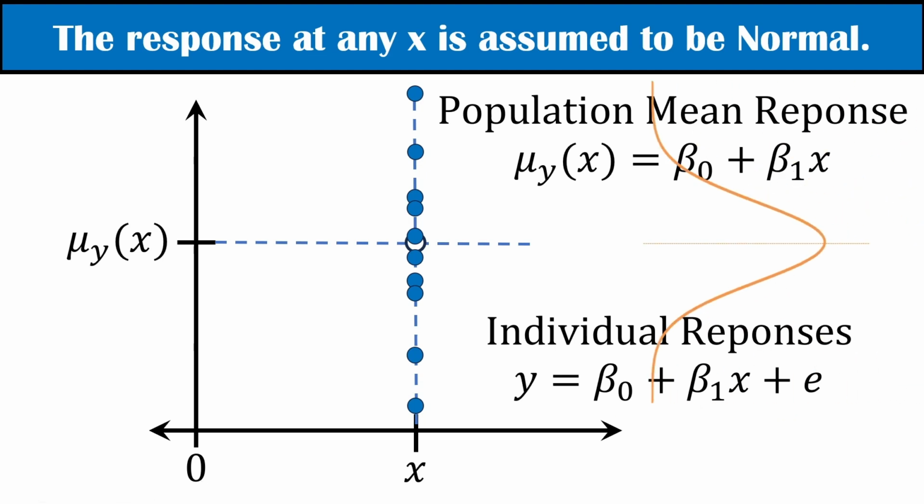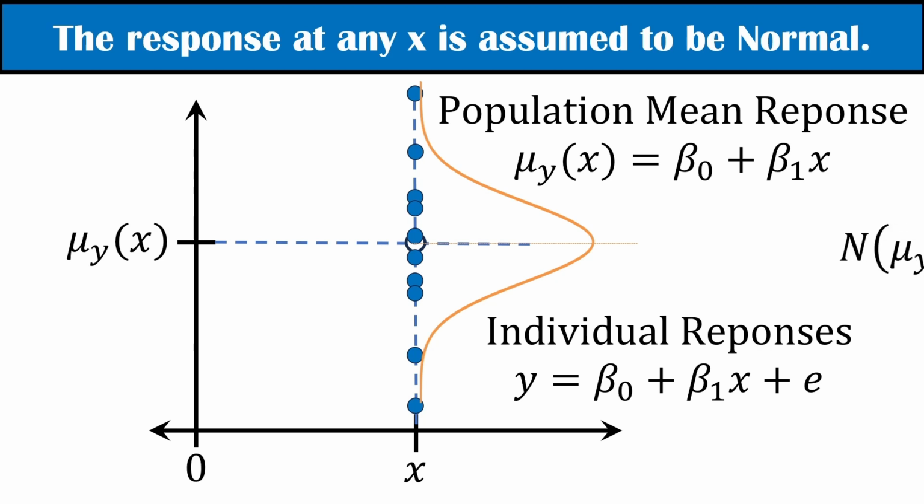Now, a key idea here is that the distribution of the response, although it's centered at the population mean, has variation, and that variation is consistent with the normal distribution. In other words, the individual measurements for any value of the predictor variable are assumed to follow a normal distribution with some amount of spread as measured by standard deviation.